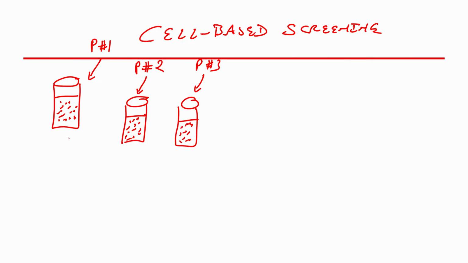These are cells from patient 1, cells from patient 2, cells from patient 3. Now, what we want to know is which patient is suffering from cancer, or whether out of the 3 any patient is suffering from cancer.